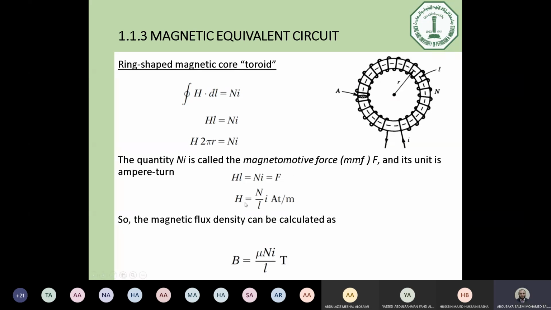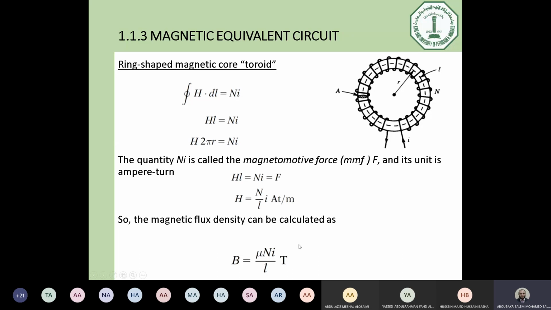If you would like to calculate H, H will equal NI divided by L. Based on that, we need to calculate the flux density B. So we can say B equals mu multiplied by H, which is NI divided by L. And B is measured in Tesla, as we agreed before, or we can measure it in Weber per meter square.